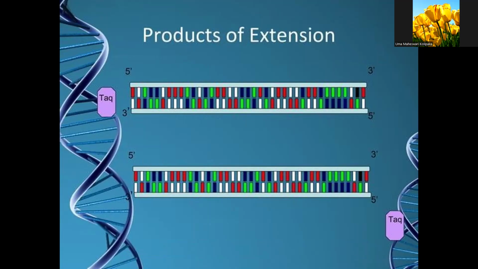So we are maintaining the different temperature conditions so that we can expect the three steps, that is denaturation, annealing, and extension. Initially, we are taking only one double-stranded DNA fragment that is getting separated and forming new strands, so that by the completion of one cycle, we are expecting two double-stranded DNA molecules.